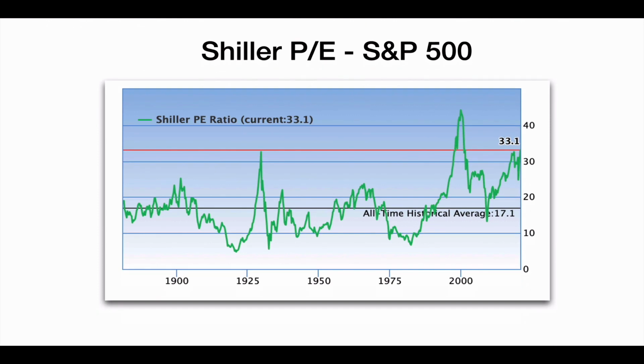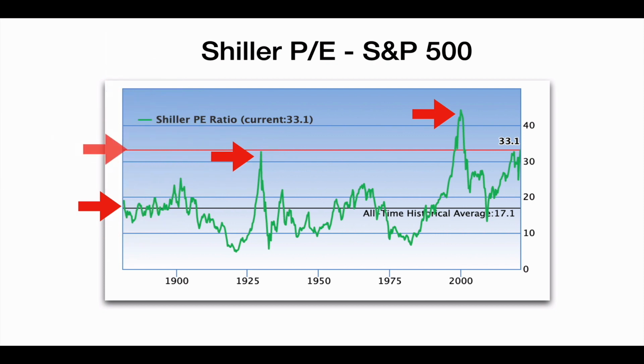So this chart is the S&P 500 over a much bigger time frame. So this is 120 years. And I do love a nice long-term chart. So you can see here, it really peaked in 1929 before the crash. Also the dot-com in the year 2000. It also shows the all-time historical average is going to be around 17.